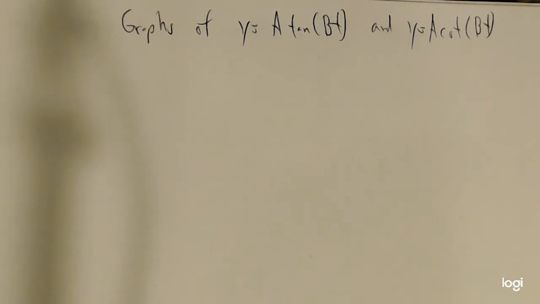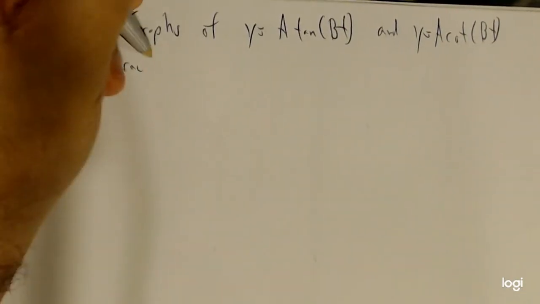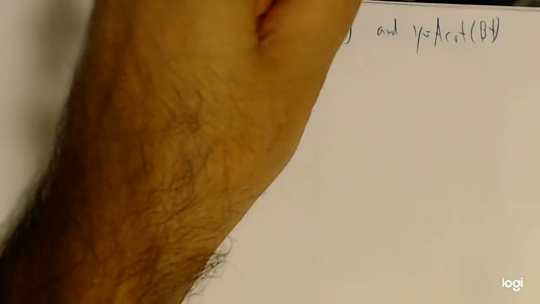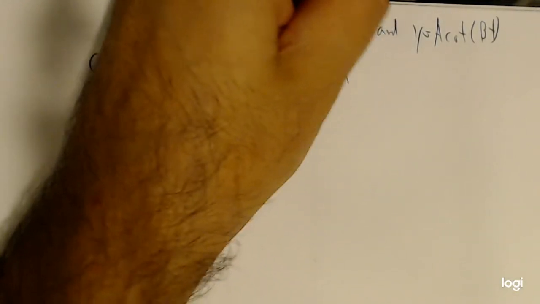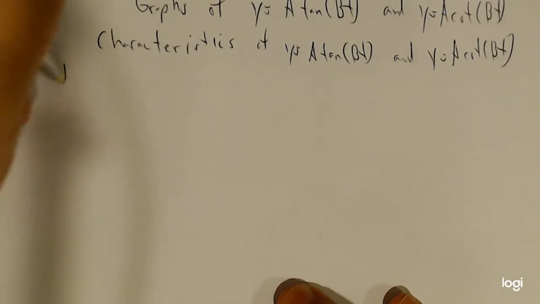So let's talk about the characteristics of y equals a tangent of bt and y equals a cotangent of bt, and then we'll use this idea to graph a few of the tangent graphs and cotangent graphs.